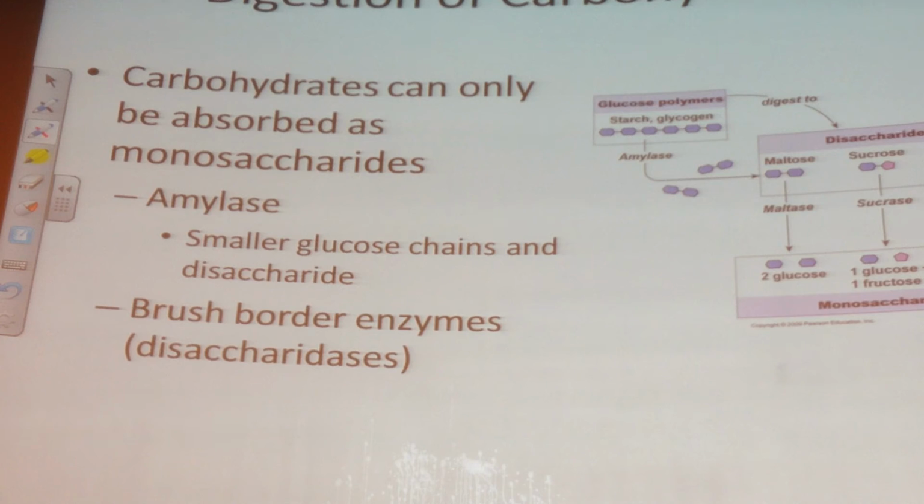They have to be absorbed as monosaccharides. So what are those monosaccharides? Glucose, fructose, and galactose, three of them. Those are very important. So how do we break them down? That's two steps. Once you've ingested large carbohydrates, amylase will break them down into smaller portions.